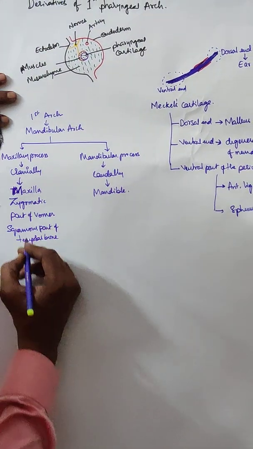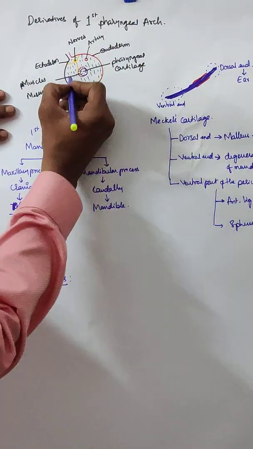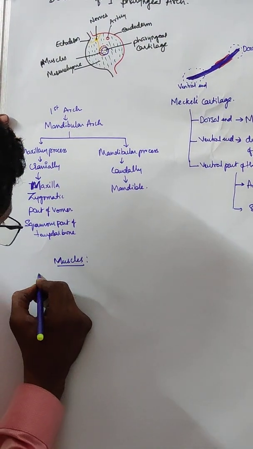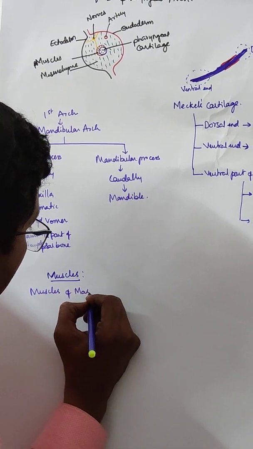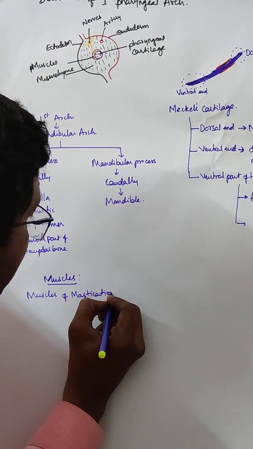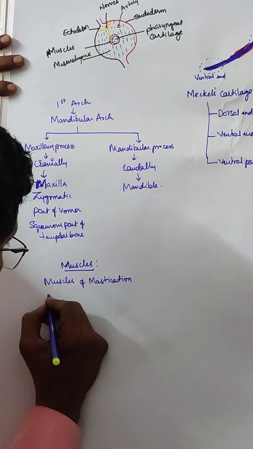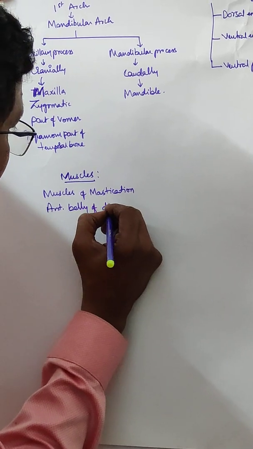Coming to the muscles which are derived from the first pharyngeal arch, you can see the muscles here in brown color, right? The muscles are the muscles of mastication, which are attached to this mandible. Then the anterior belly of digastric muscle.